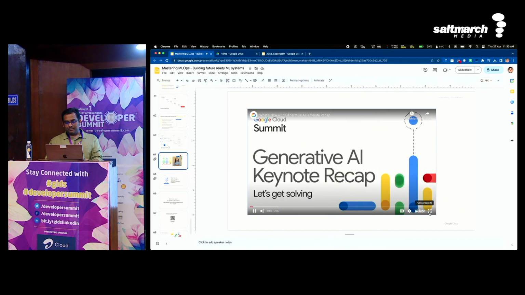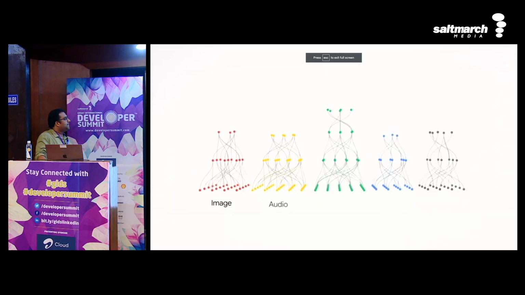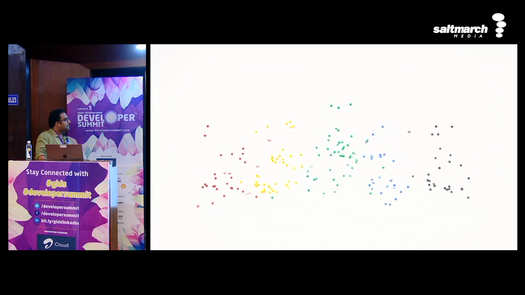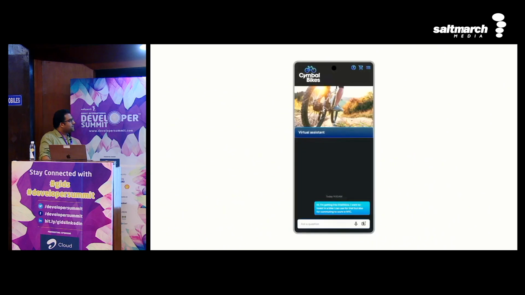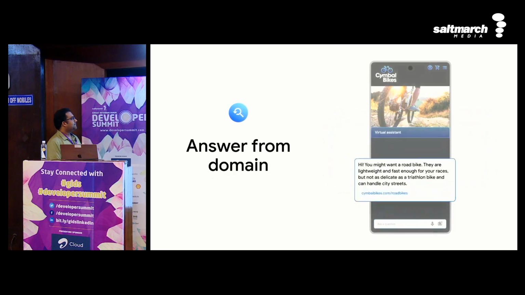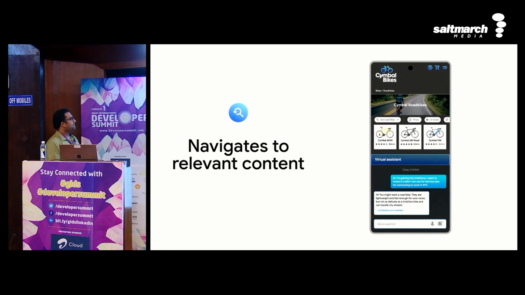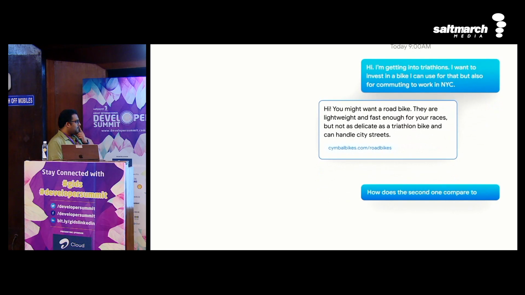Welcome to Data Cloud and AI Cloud. We're at the start of the new era of AI emergence. To bring generative AI to enterprises, we introduced two platforms. GenApp Builder is a brand new offering that brings together foundation model with the power of search and conversation AI to enable enterprises to develop new generative AI apps.